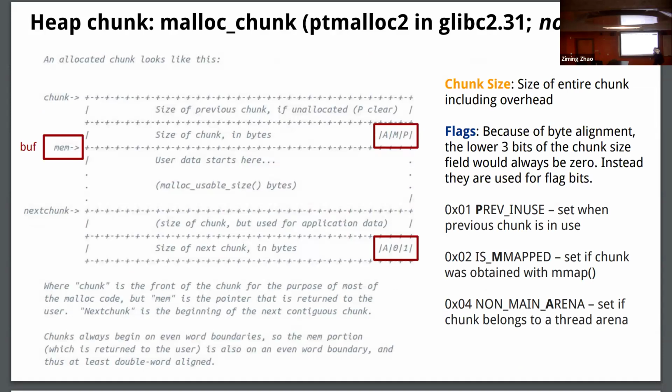When you read the size, you have to remove them. Technically, they are aligned, so those 3 bits will never be used for the size anyway. Let's say chunks are 16-byte aligned, then the last 4 bits you're not going to use for size, so we use them for something else. That's how it is designed.